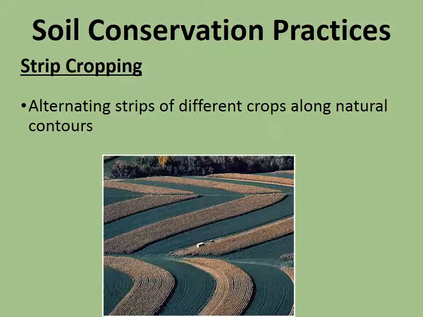Very similar, you have strip cropping, which you also saw on the last slide. So this is also an example of contour plowing, but they're doing it in strips. Here's one crop, here's your other crop. This is corn, this is, let's say, soybeans. So you have these alternating strips.